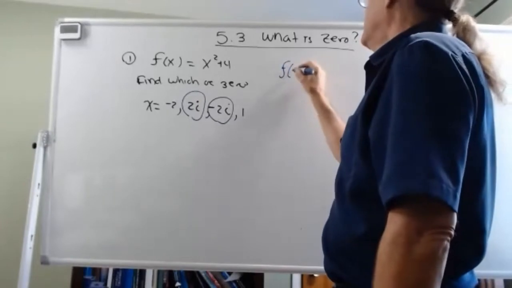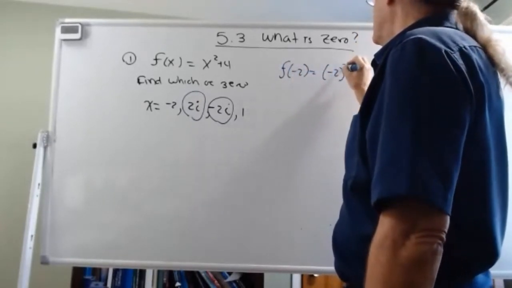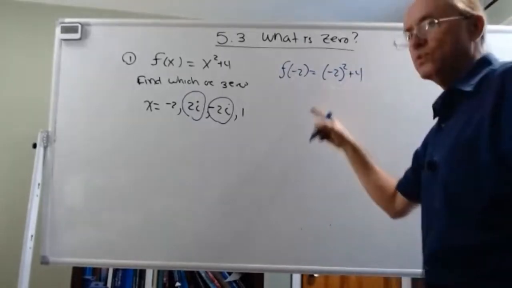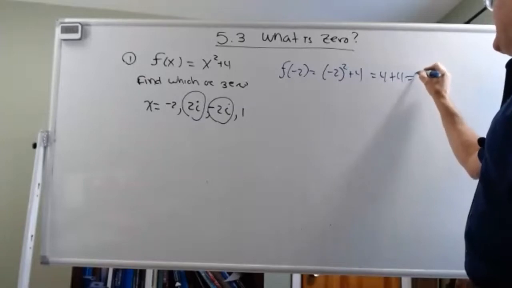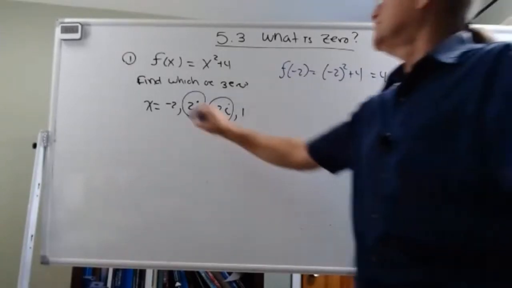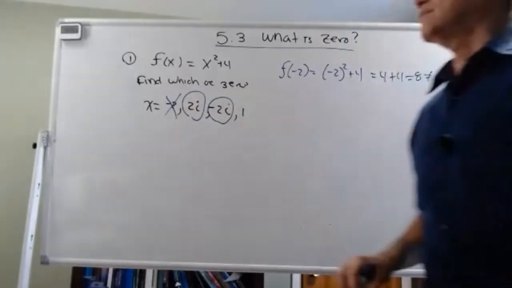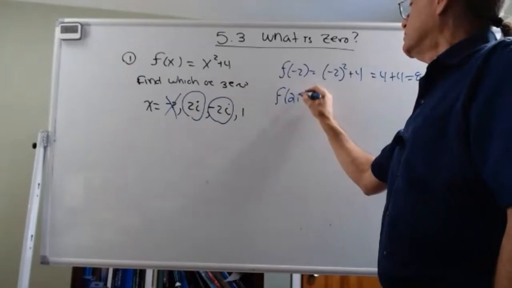So f of negative 2 is equal to a negative 2 squared plus 4. Well, negative 2 squared is a positive 4. 4 plus 4 is 8, which is not 0, so that's not a 0. Doesn't satisfy that definition. Well, let's put in f of 2i.